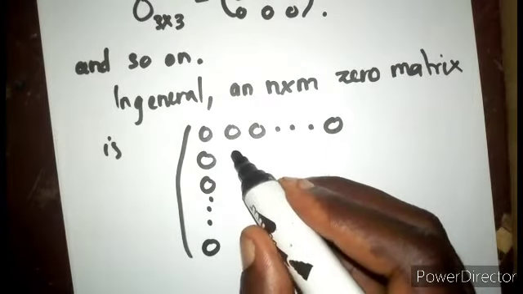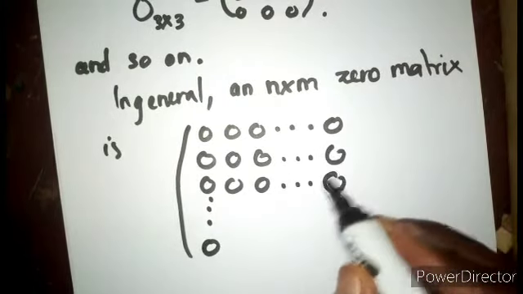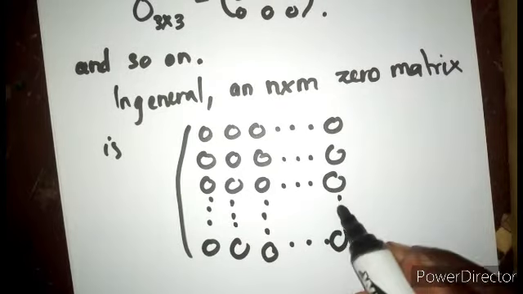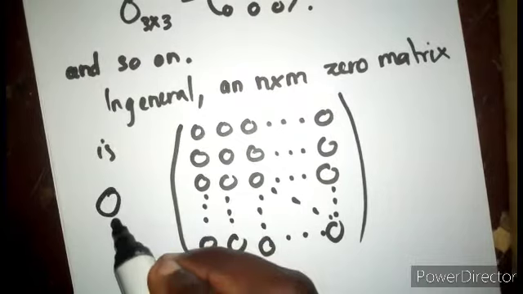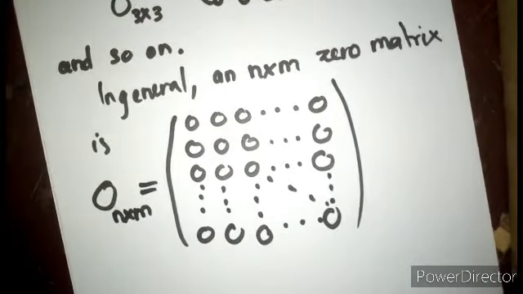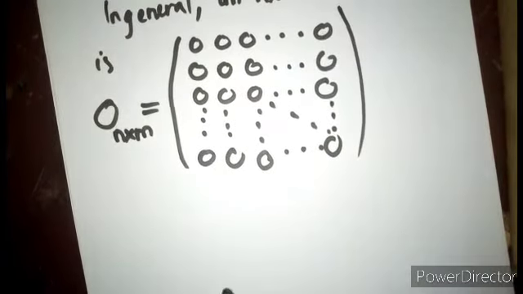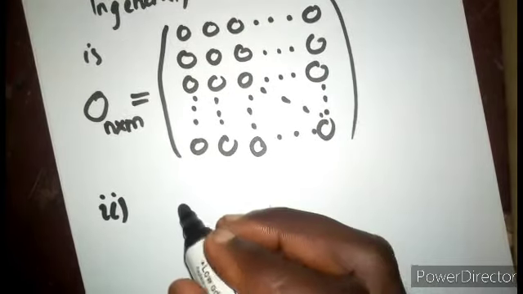So we have 0, 0, 0, 0, continue like that. So this is an n by m zero matrix. Okay, so that's it.